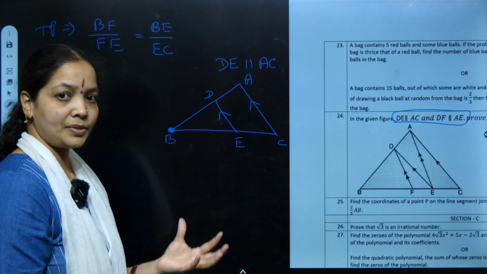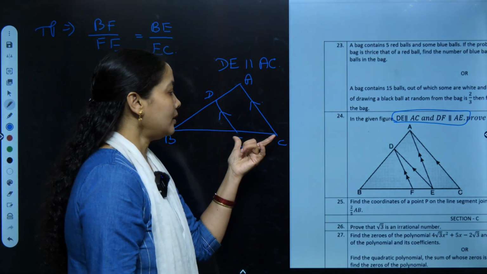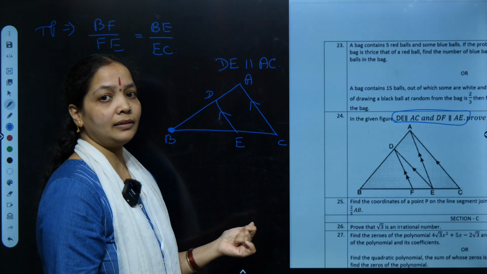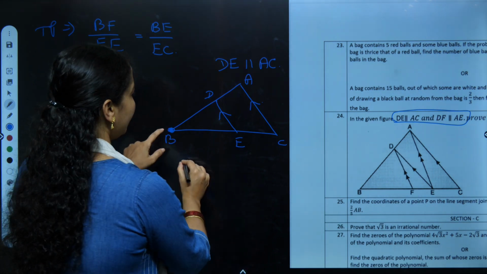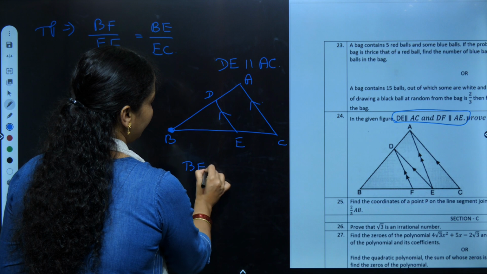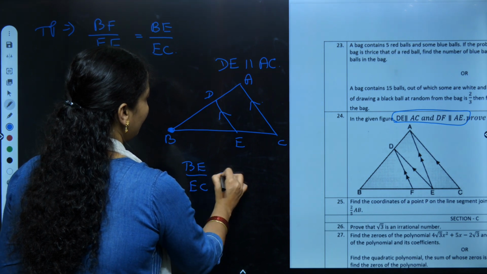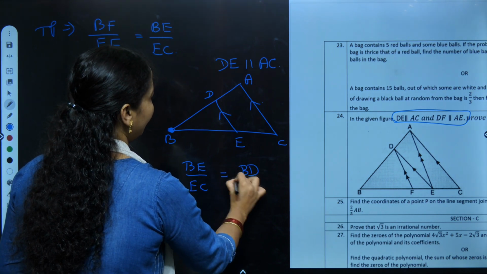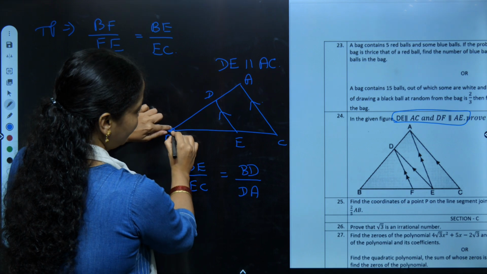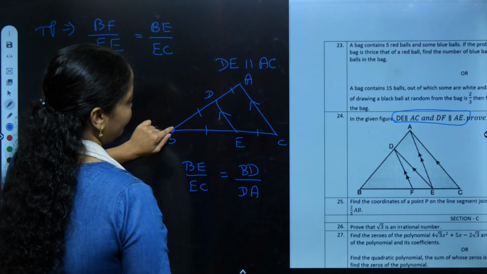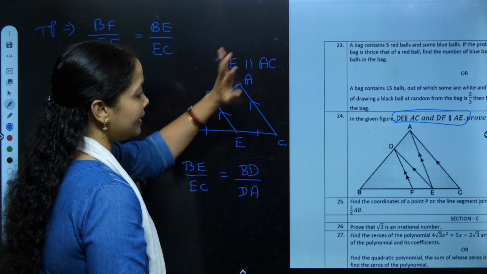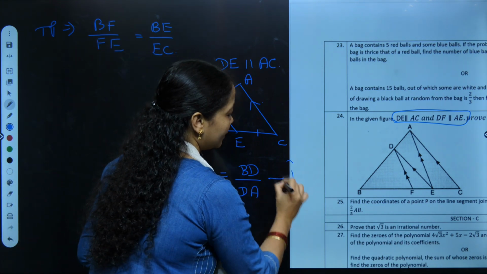The Thales theorem says that if two lines are parallel to each other, then the non-parallel sides are divided in a particular ratio. So I can say here that BE by EC is equal to BD by DA. I'll start from this vertex: this side by this side is equal to this side by this side. BE by EC equals BD by DA. This is my equation 1.